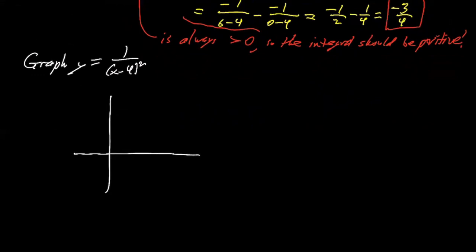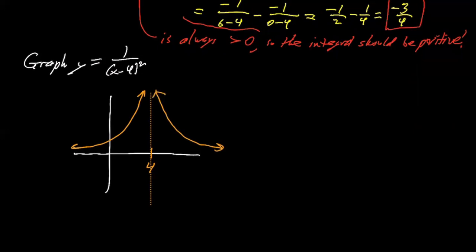When you plug in 4, you get a vertical asymptote right here, and the function actually looks like this.